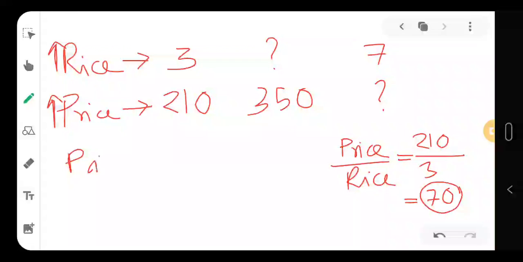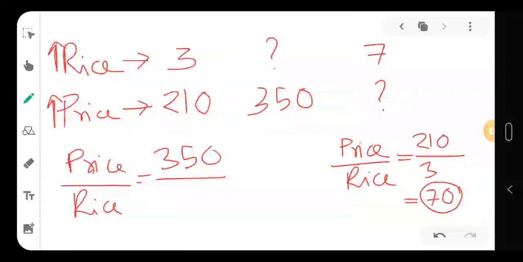So I can write price by rice as 350 by something, and that also has to come to 70. What does this value have to be? Now I know this has to be 5, right? So this answer is 5.